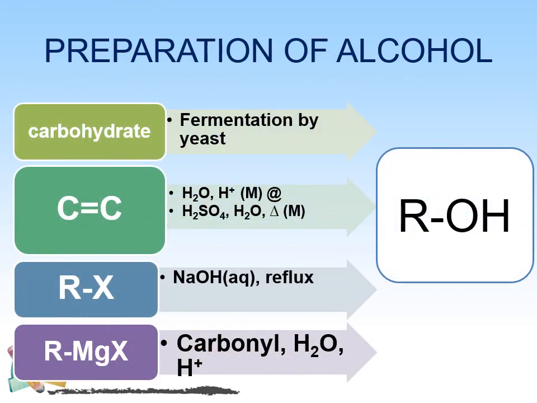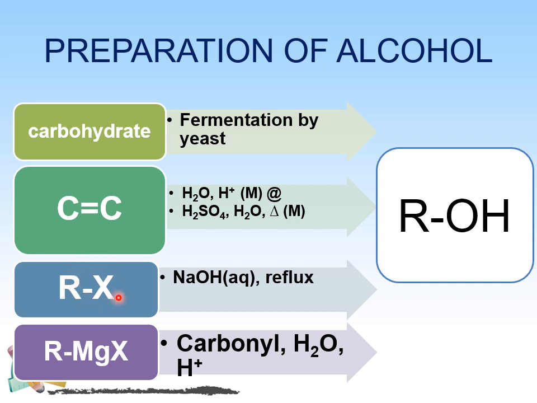Let's turn to your mind map for alcohol in page 293. This is the left part of the page, and we are going to learn the 3 reactions to prepare alcohol. The reactants are alkenes, which undergo electrophilic addition to produce alcohol.